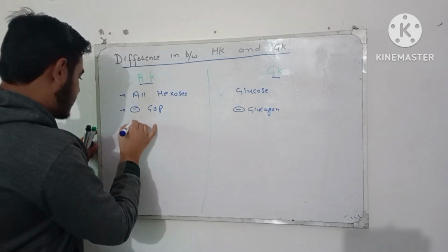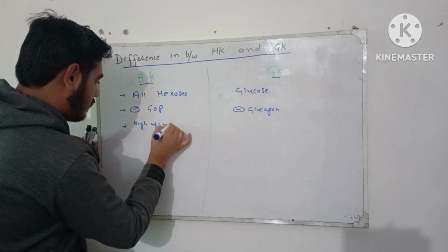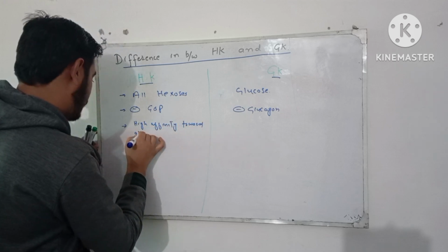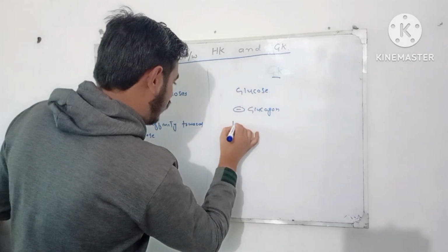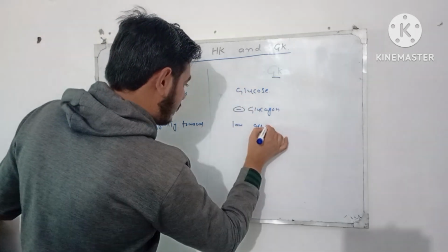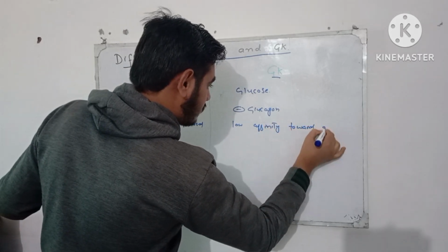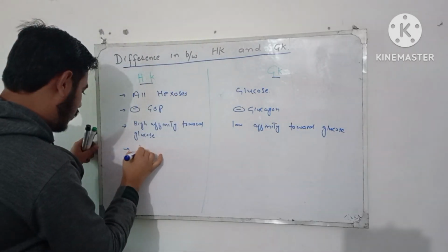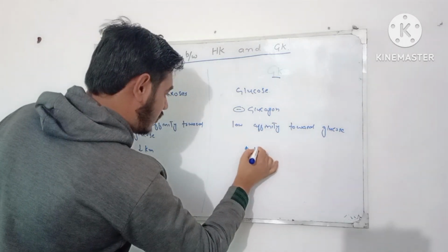Third point is that hexokinase has high affinity toward glucose, while glucokinase has low affinity toward glucose. So hexokinase has a very low Km value, and glucokinase has a very high Km value.